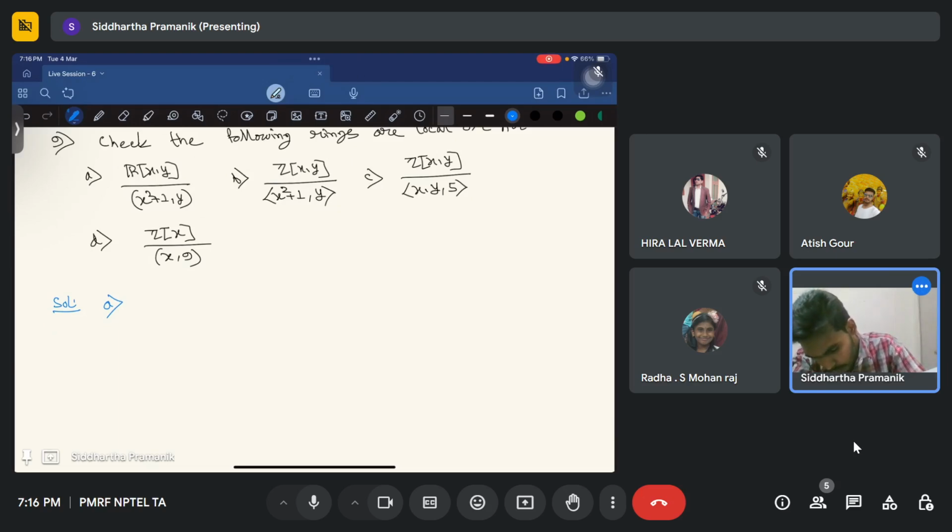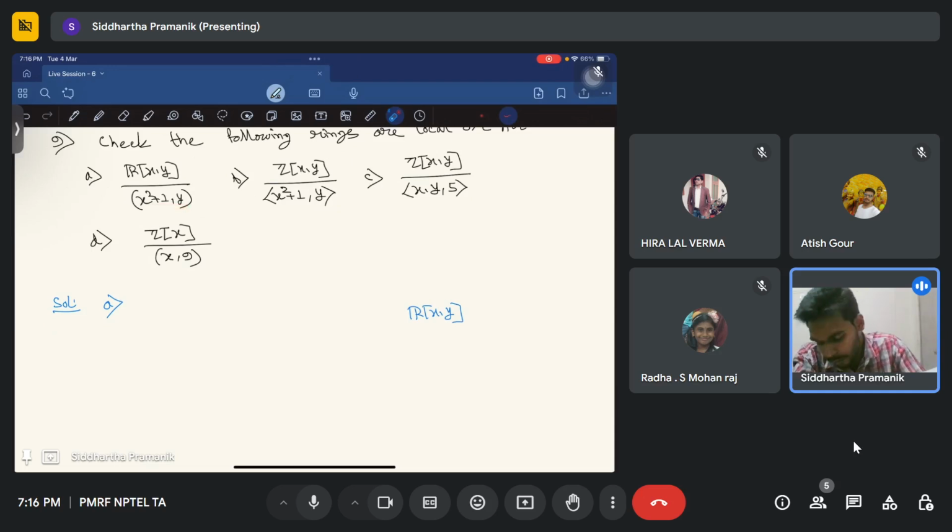So here you have R[x,y], and you are going modulo this ideal. This ideal has two polynomials, x^2+1 and y. So you need to go modulo these two polynomials.